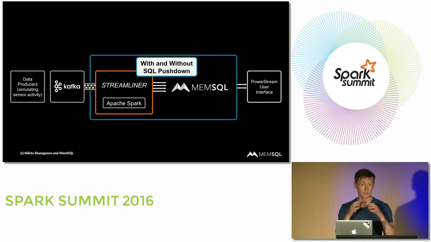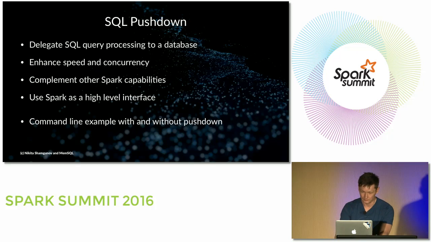However, at the same time, you can still join data that is stored in MemSQL with data that is stored elsewhere, for example, in Hadoop. And that's how a lot of our customers leverage MemSQL and code written in Spark, both for completely real-time applications that push down SQL execution into MemSQL, which is highly concurrent and super fast, but also for overnight batch processing, where they run Spark SQL in Spark without pushing it down into MemSQL.